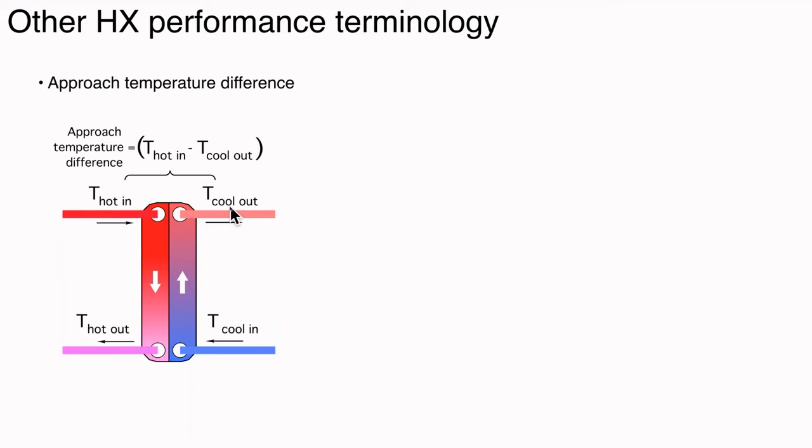The fluid leaving the heat exchanger would absorb all the heat coming in, and it would have the same outlet temperature, okay? That's not going to happen, but the closer you can get the approach temperature difference to zero, and with flat plate heat exchangers, you can get it down into single digits, the better, the more effective your heat transfer process is.